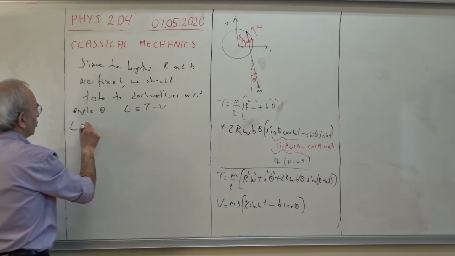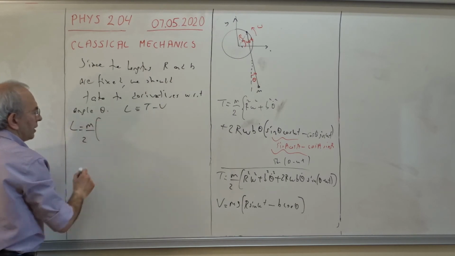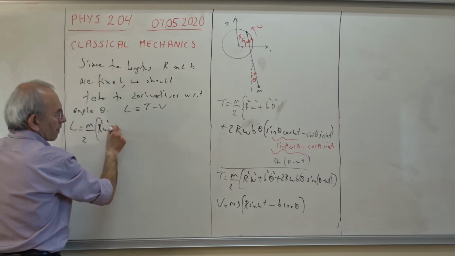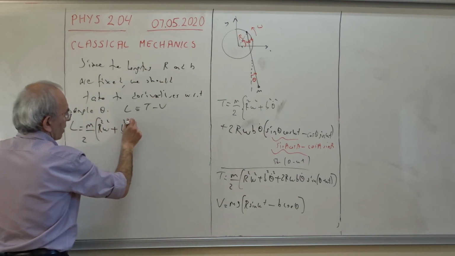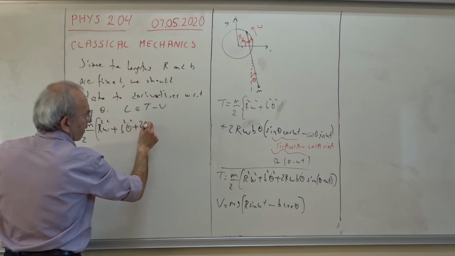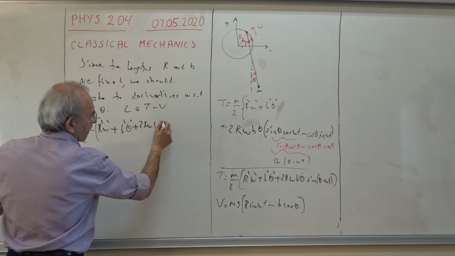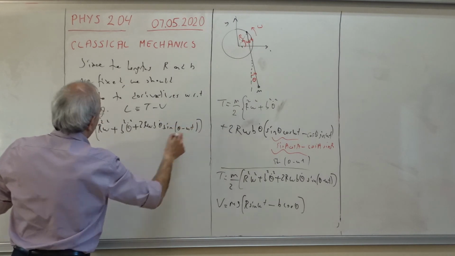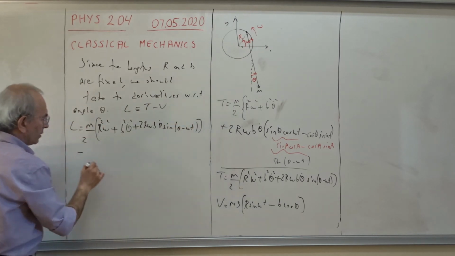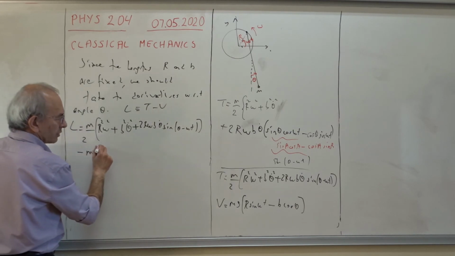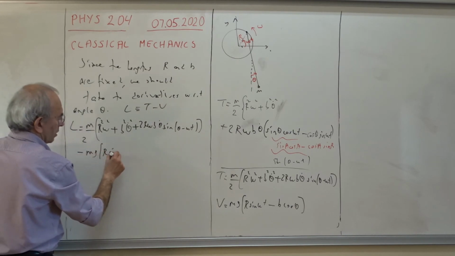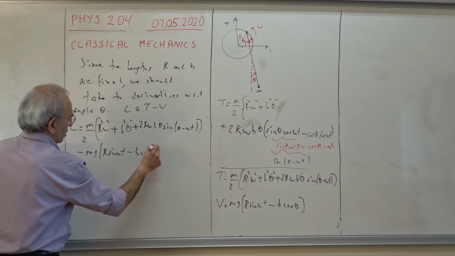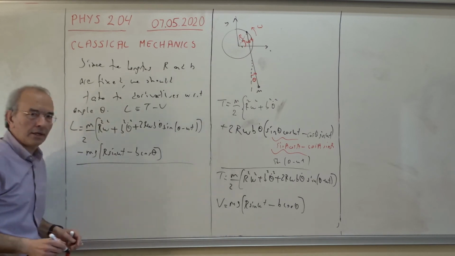So L is m over 2 multiplied by this line, negative the lower part, mg, and the rest. So this is the Lagrangian.